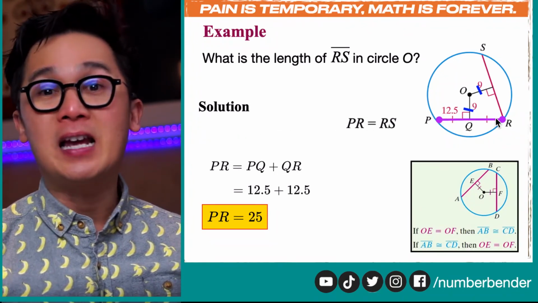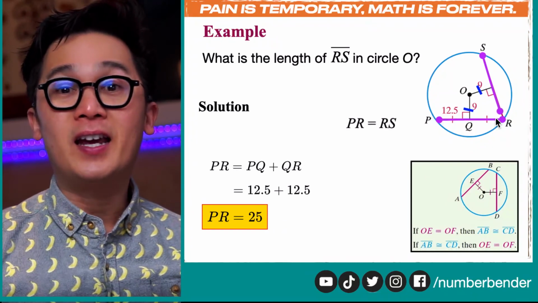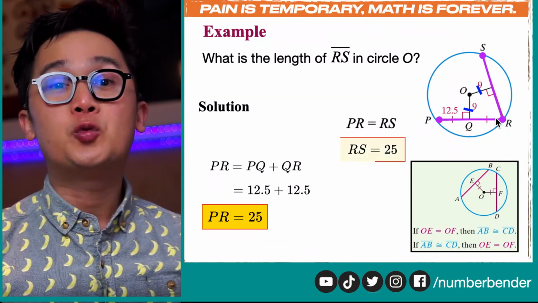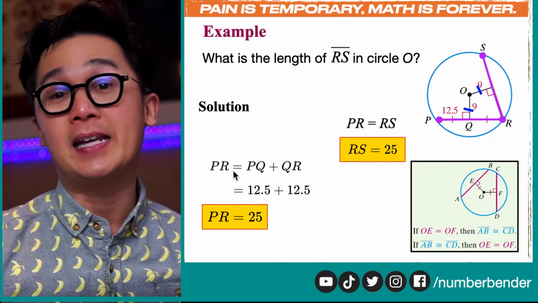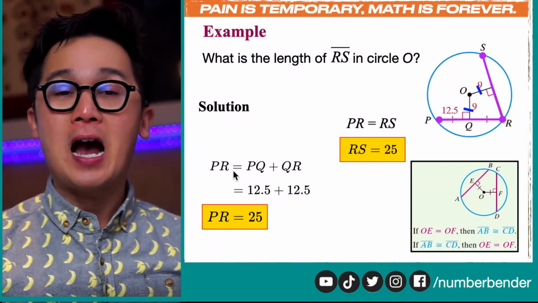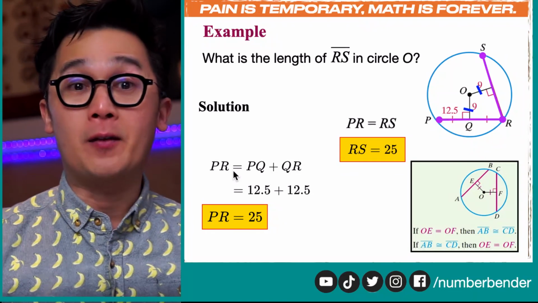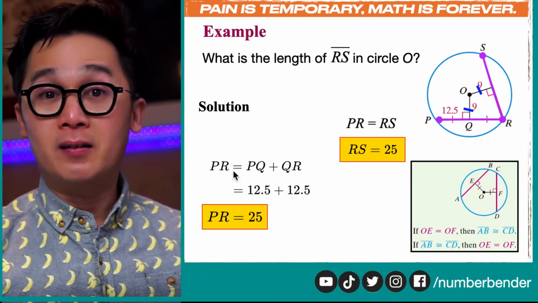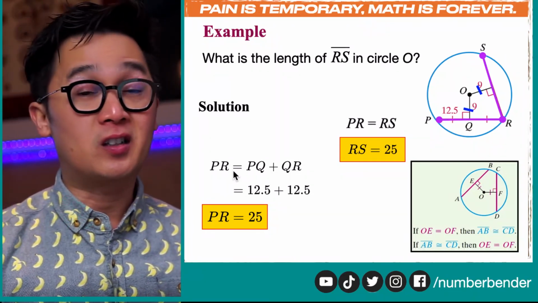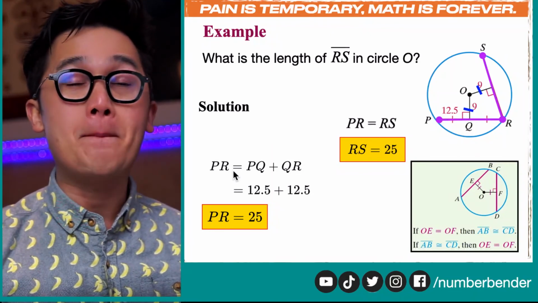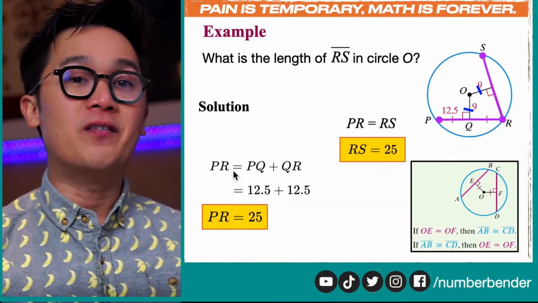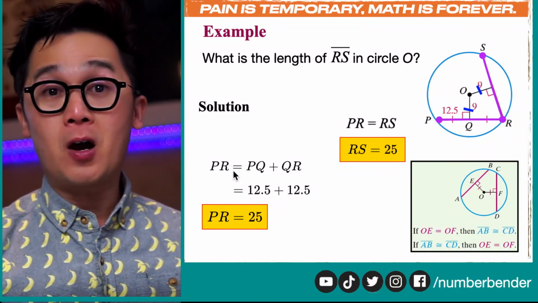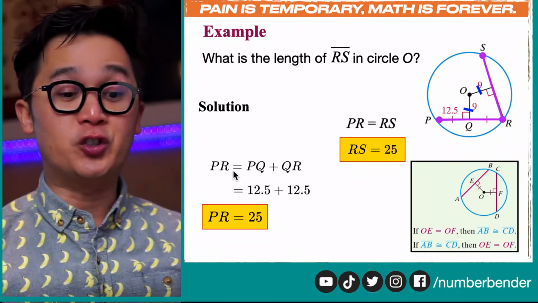So that means the length of RS is equal to 25 units, similar to what we have for line segment PR. So this is how we use these theorems in circles and chords and finding measurements, both lengths and arc measures of our circle, depending on the problem that we are working on in geometry.